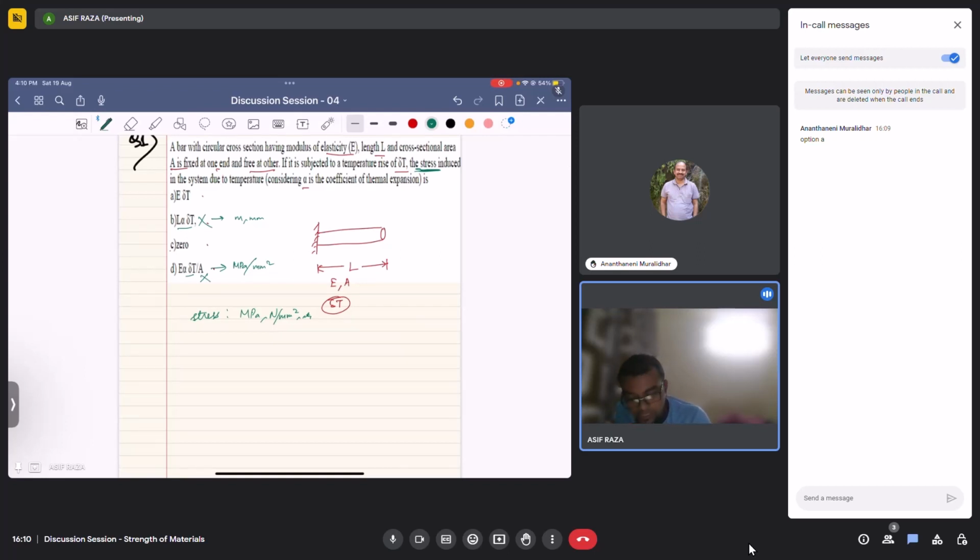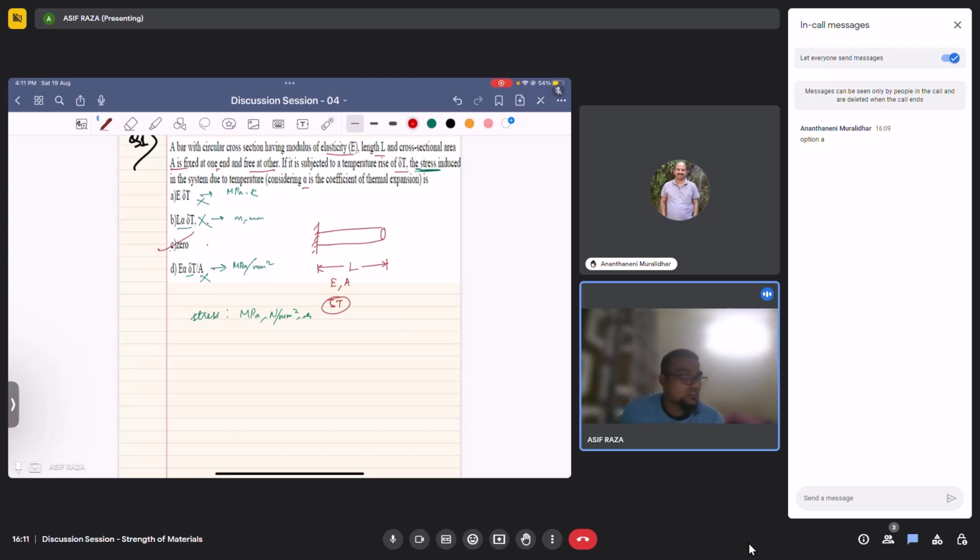Now E delta T: E has a unit of megapascal, and delta T would have a dimension of Kelvin or degree Celsius. So megapascal times Kelvin or megapascal times degree Celsius would also be wrong. The way I'm proceeding is just dimensionally. So with the elimination of the options, the correct answer should be option C.